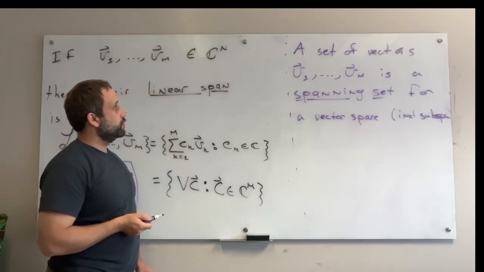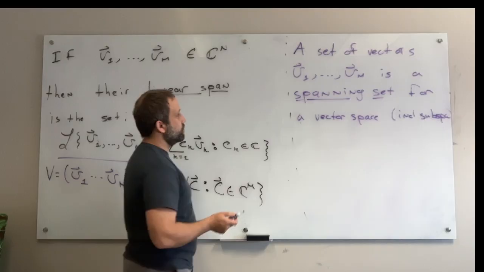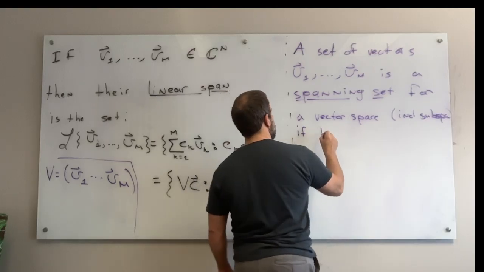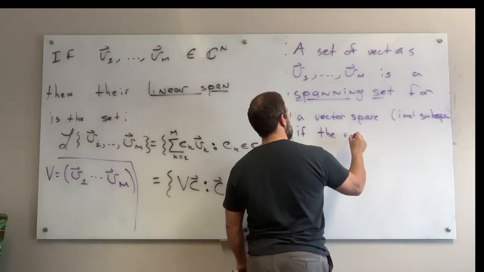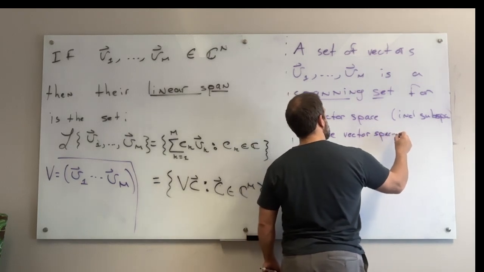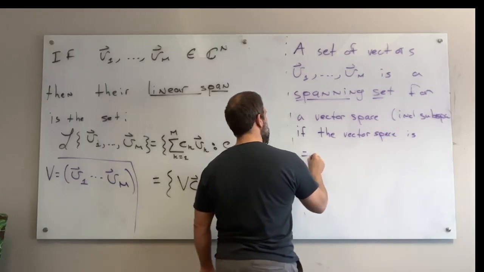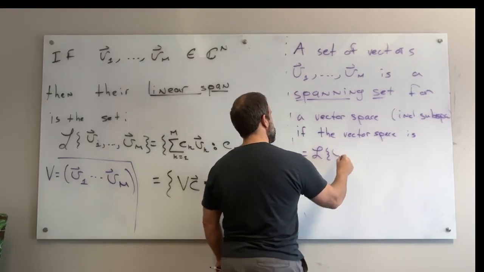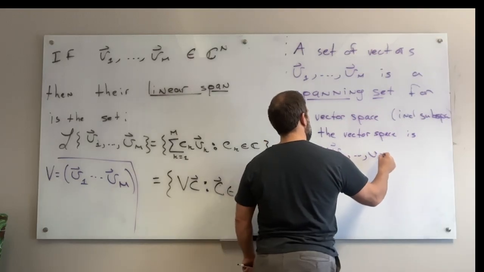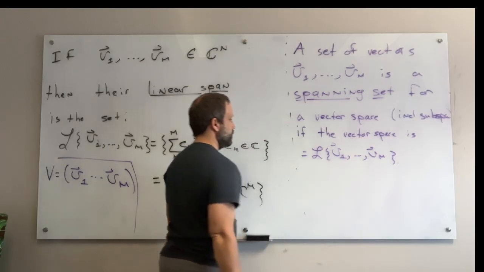A set of vectors v1 through vm is a spanning set for a vector space if the vector space is equal to the linear span of the vectors v1 through vn.